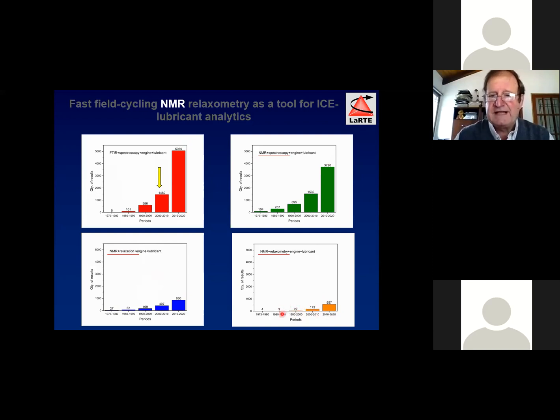But at the beginning, relaxometry specifically referred to relaxation time experiments as a function of a time scale. For example, field cycling NMR relaxometry, T1 rho relaxometry, etc. Anyway, you see that relaxation and relaxometry are far away from this number, still today.